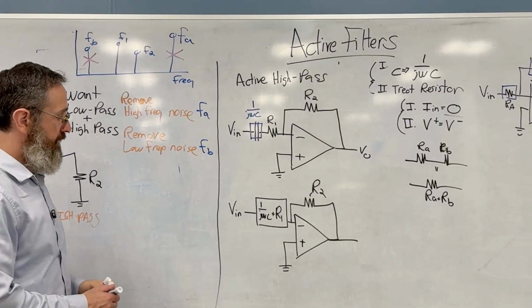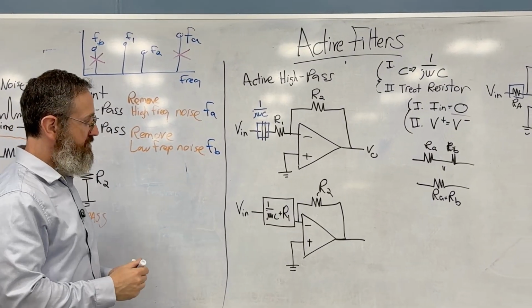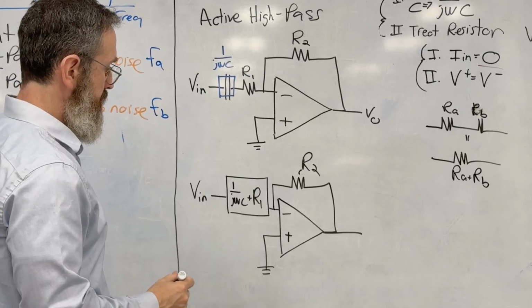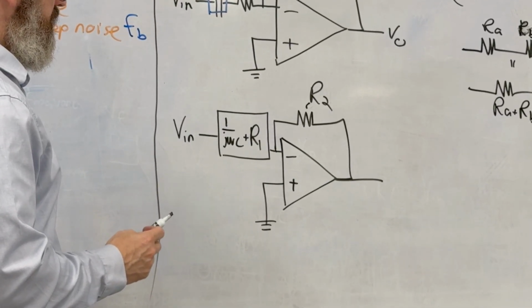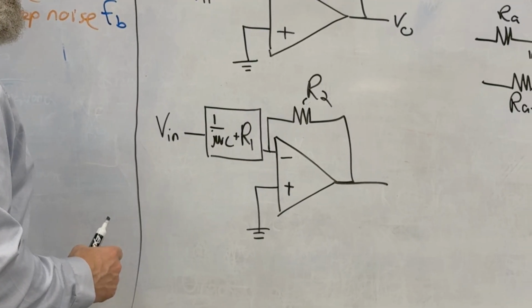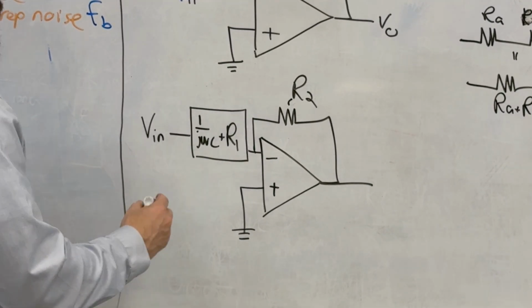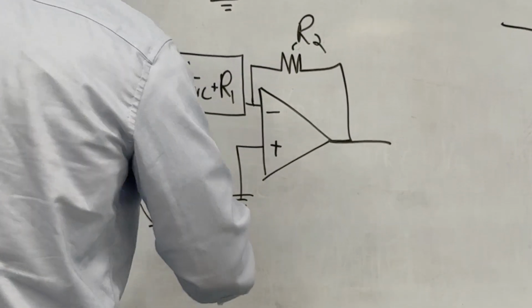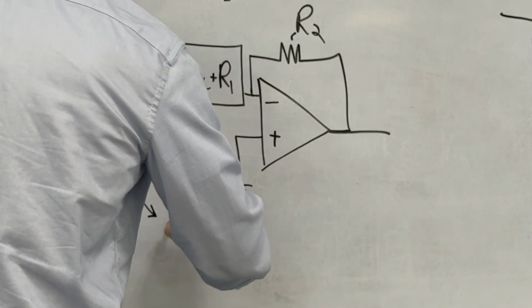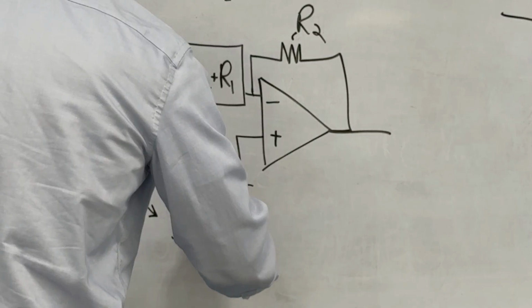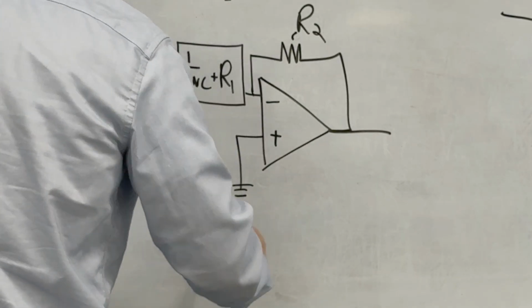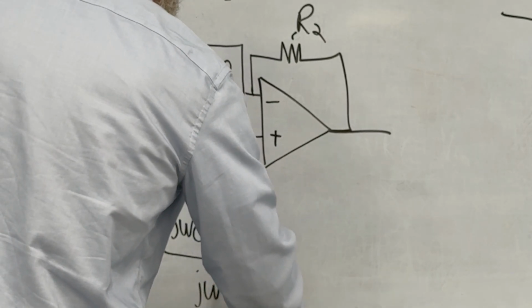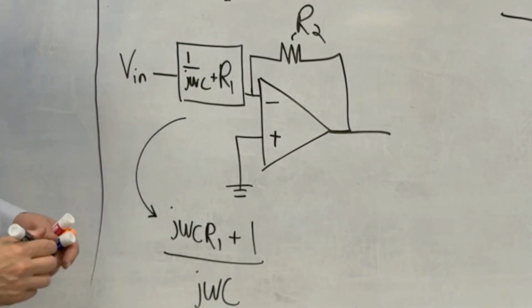And so we can say, should I combine this? Yeah, maybe it'll be easier. This here is going to be the same as J, W, C, R sub 1 plus 1 over J, W, C. Do you see that, right?